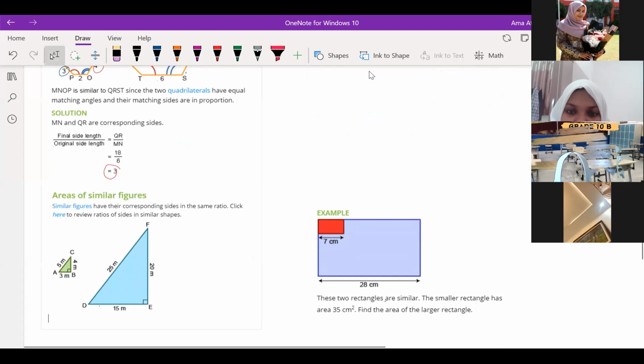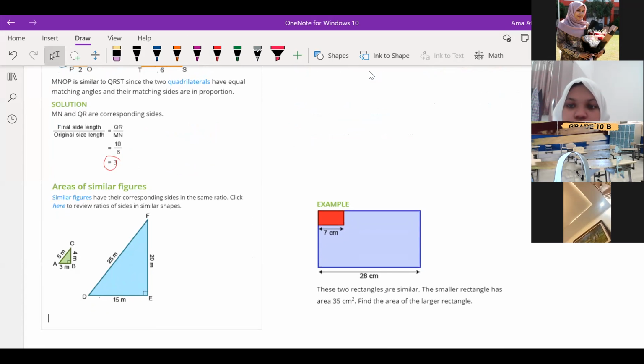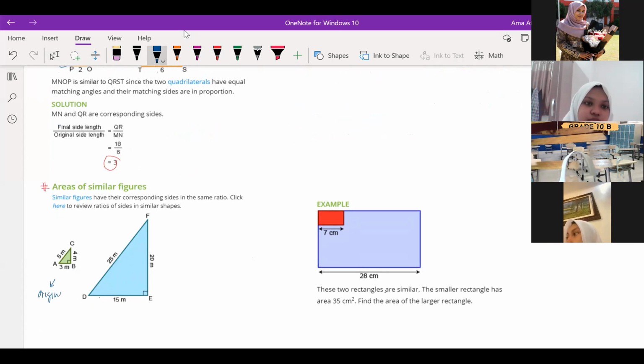Right. So now we see how we can use the scale factor to find the area and the volume of the figures. First, let's look at the area. Let's say that this is the original triangle, and we want to find the area of the final.